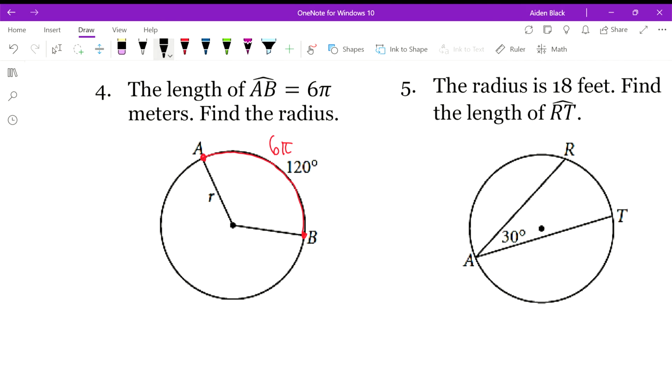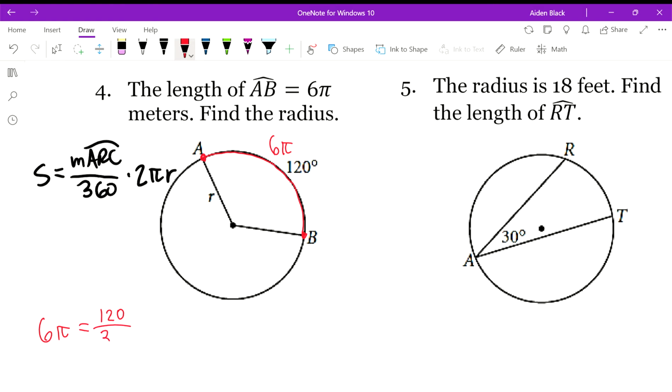So we can harken back to S is equal to the arc measure divided by 360 times 2 pi r. In this case, the arc length is 6 pi, and the arc length is equal to the measure of the arc over 360 times 2 pi r.